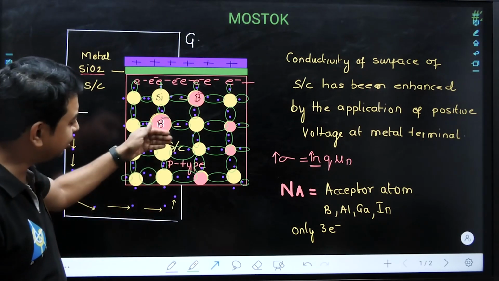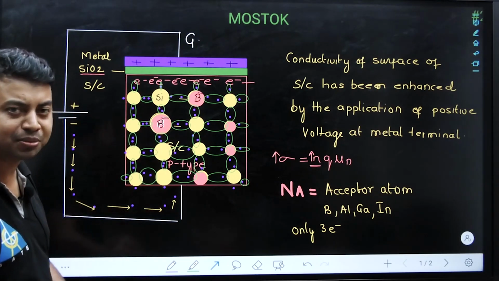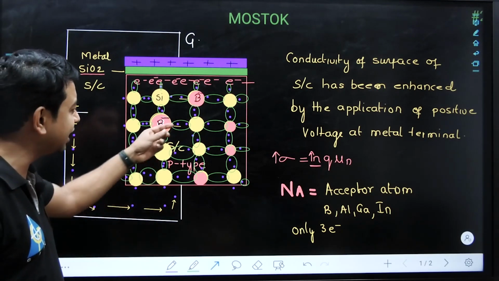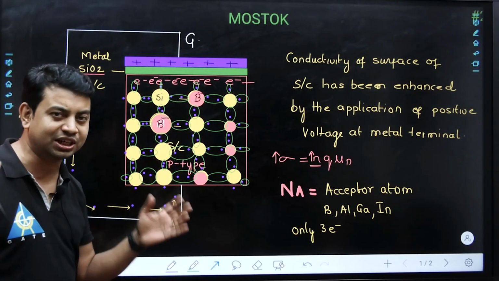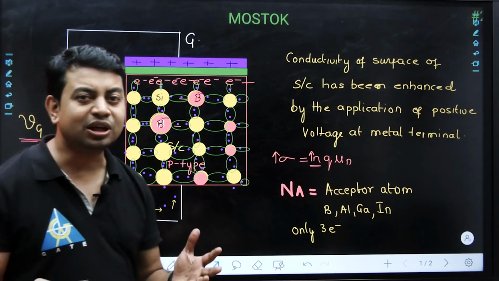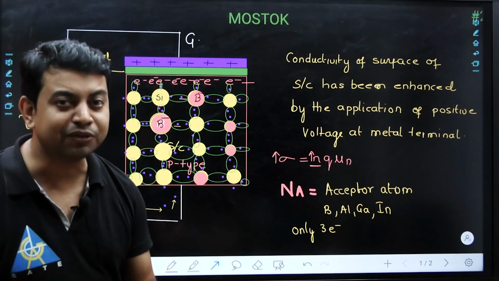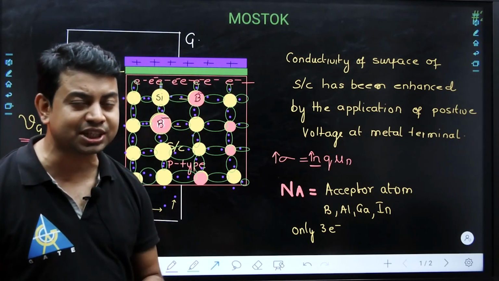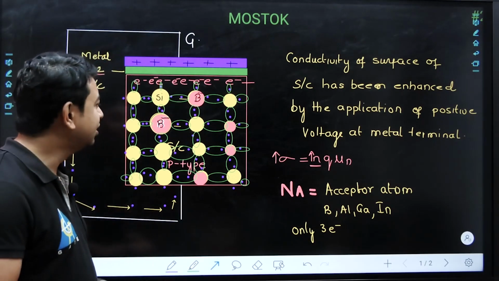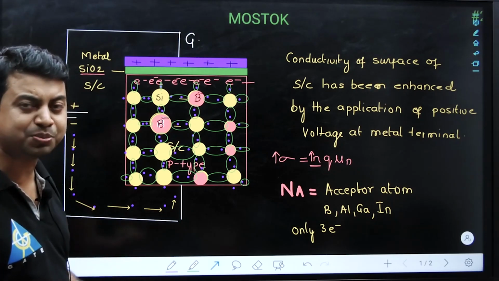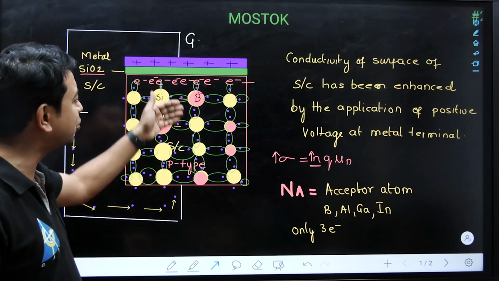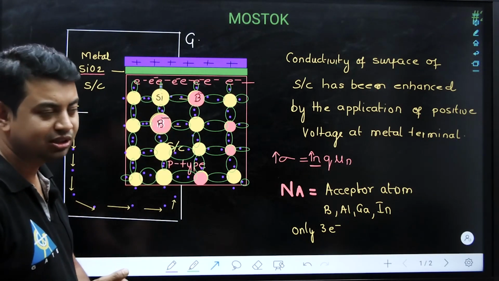Whenever the electrons enter the semiconductor body, they will take the vacancies that are present, because electrons always have the tendency to occupy the lower energy state first. If you have observed my previous lecture, then you have understood that these vacancies are always present in the lower energy state, in the valence band. That's why the electrons will occupy this particular state first.